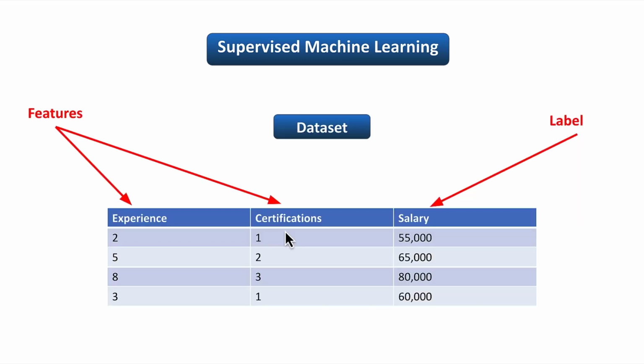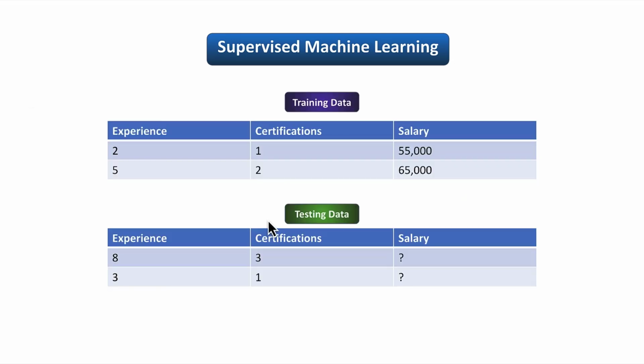When we train our model on this dataset, firstly we divide our dataset into two parts. On the training data we train our model, and for testing our model we use the testing data. Here we only pass the experience and certifications to the model, and our model will predict the salary of a person.